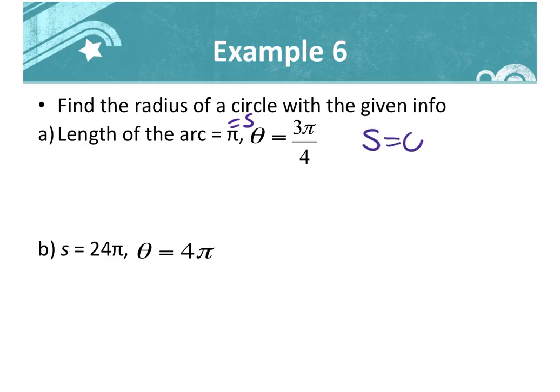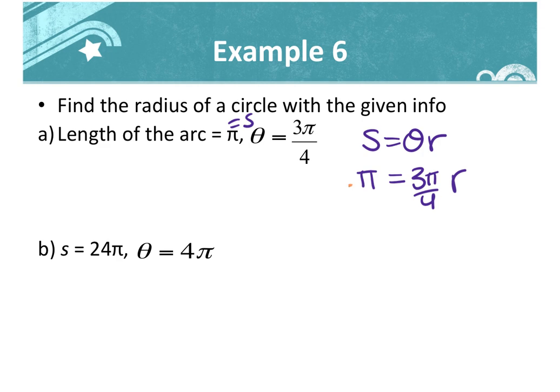So S equals theta times the radius. S is pi. Is theta in radians? Yeah, so I don't have to convert it. I'm solving for R. How do I isolate that R? Divide by what? So I could divide by 3 pi over 4, which means I'm going to multiply by its reciprocal.